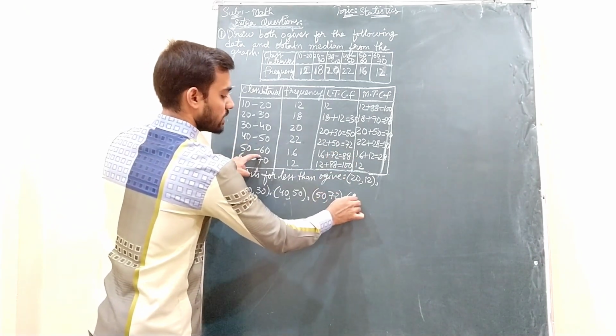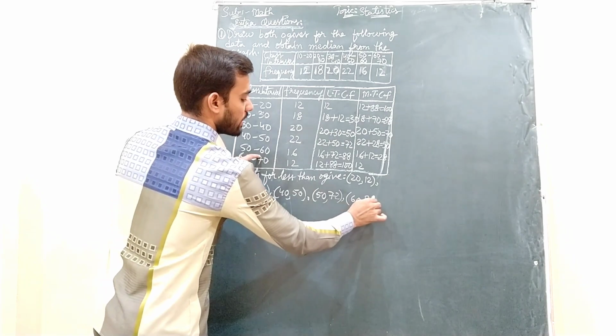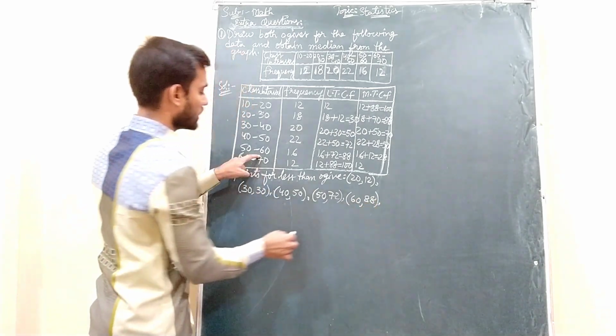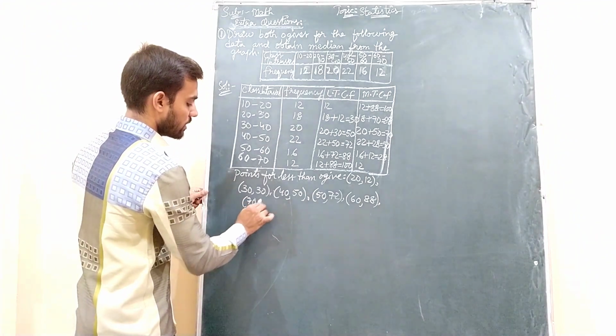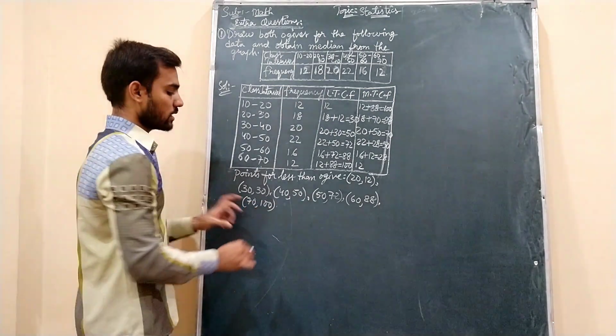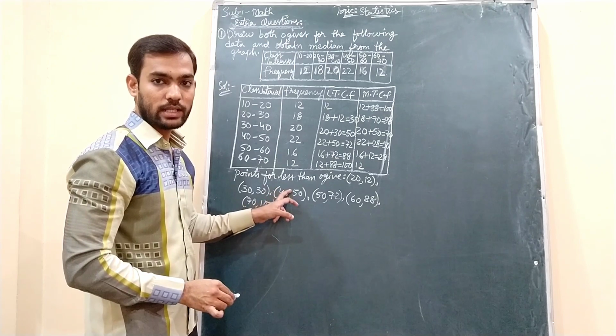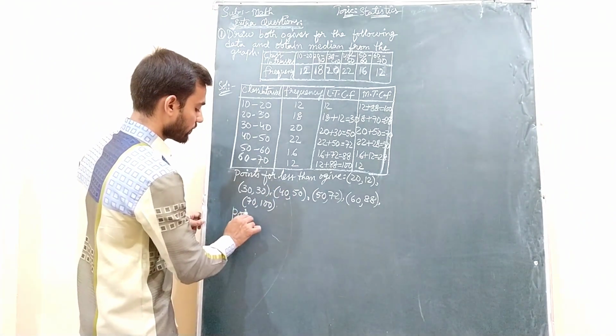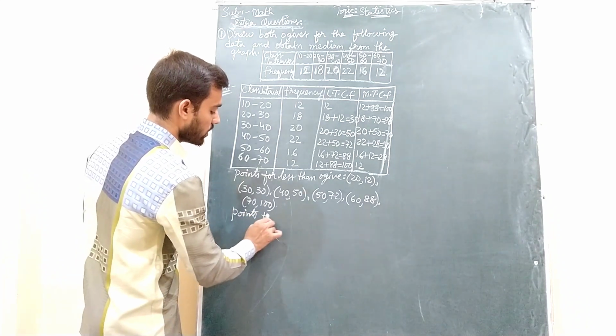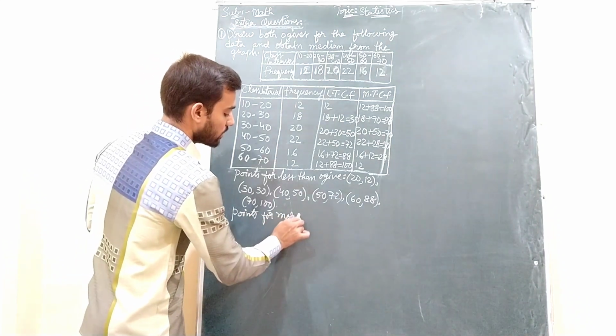Next point, 60, comma, 88. And the last point is 70, comma, 100. These all points are related to less than ogive. Now we will go for writing the points for which ogive? Yes, points for more than ogive.